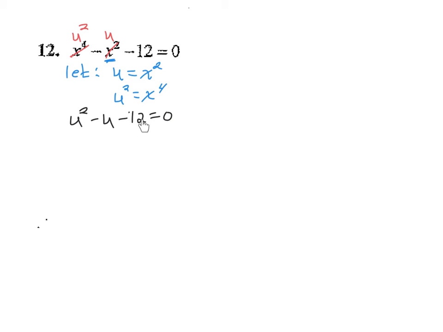So if you read it backwards, what factors of 12 subtract to give you 1? So 1 and 12 is 11, 2 and 6 is 4, and 3 and 4 is 1.